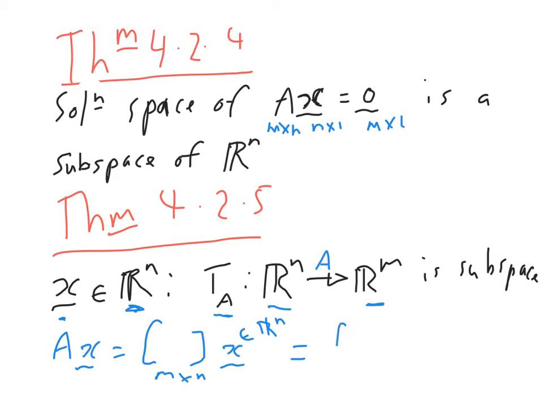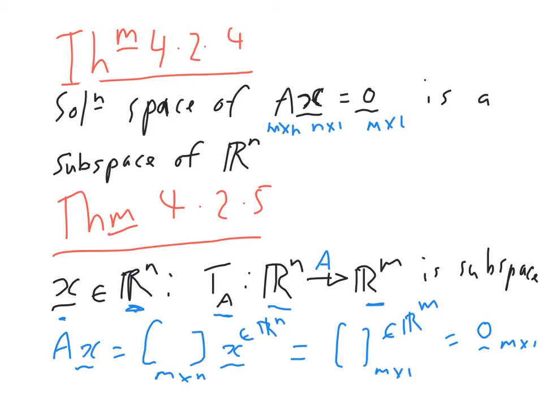We end up getting an M times 1 matrix, which is an element of Rm, which is equal to the zero vector, M times 1, that will do.